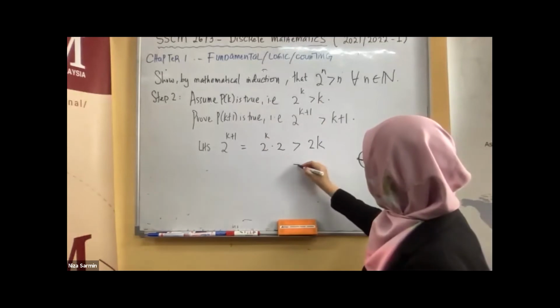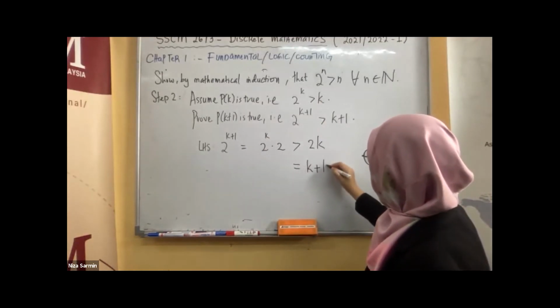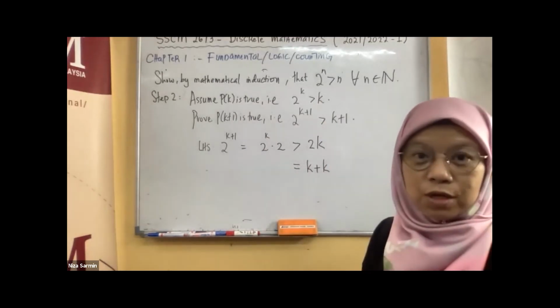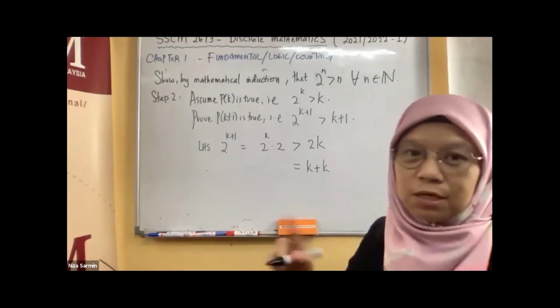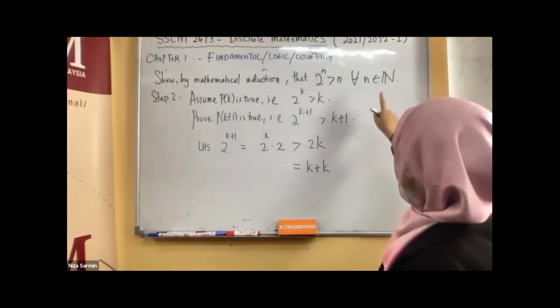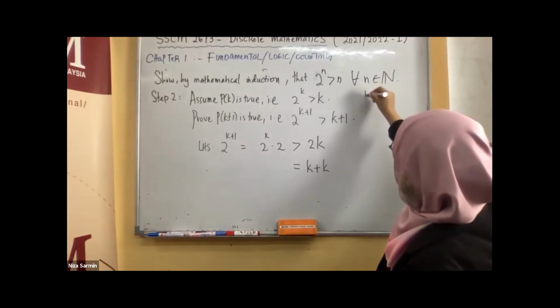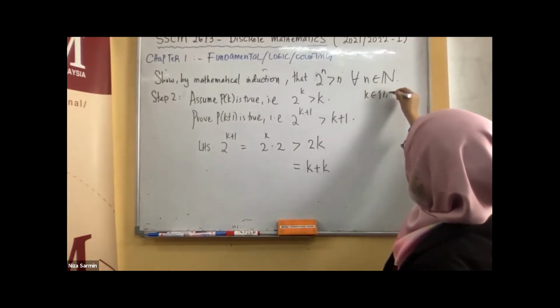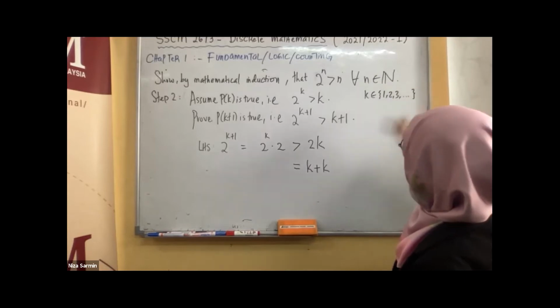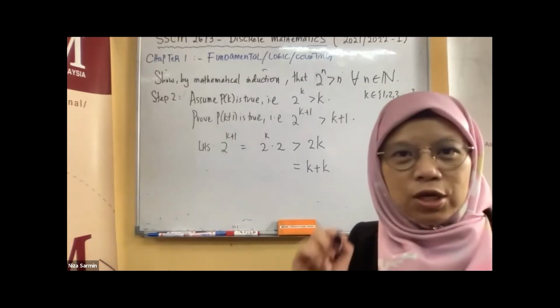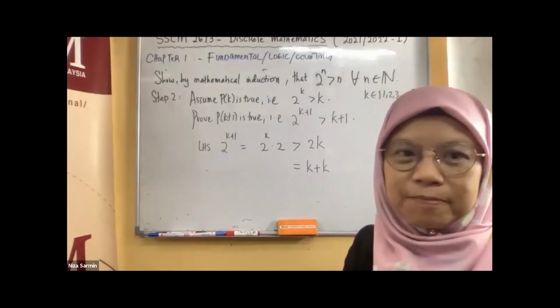But 2k is actually equal to k plus k, right? 2k is k plus k, equal, not bigger than, is equal. And our k is 1, 2, 3, right? Is bigger or equal to 1, right?